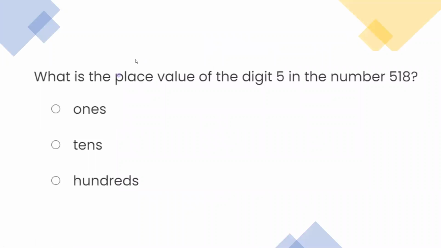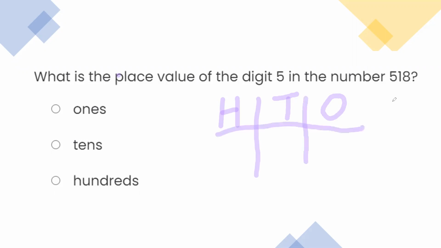All right, the next question says, what is the place value of the digit 5 in the number 518? Well, we just talked about this, but let's use our house. So we know we have hundreds, tens, and ones. All right, so let's look at the number.